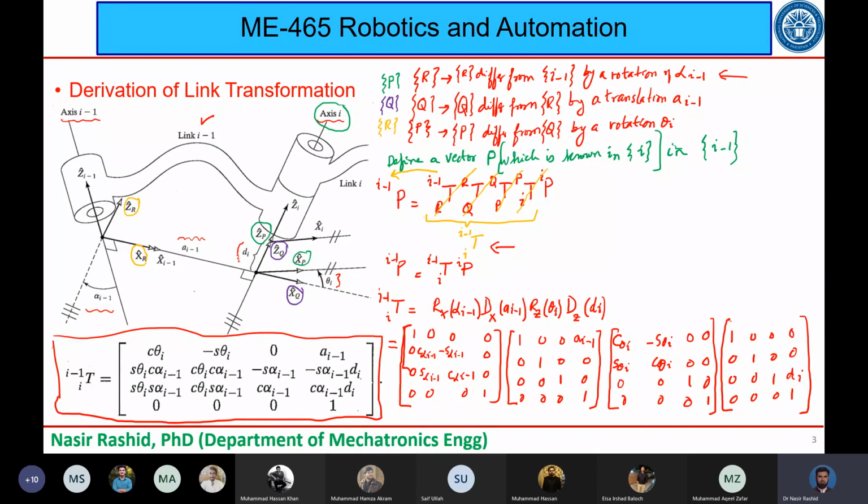ये मैंने सारे इनको मल्टीप्लाई करके ये आपके सामने यहाँ पे लिख दिए. So now this is the formula, or this is the matrix. Actually we have derived this as a link transformation.